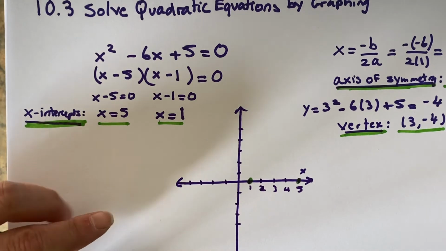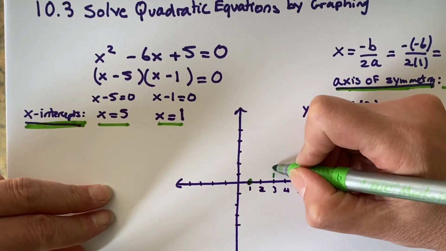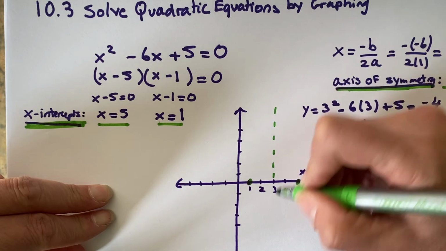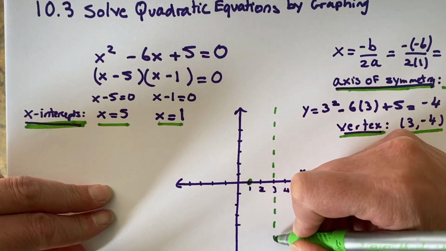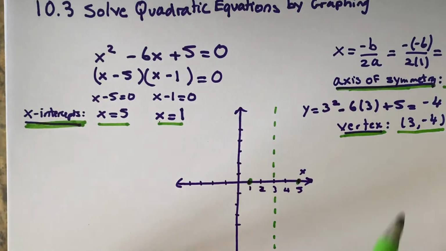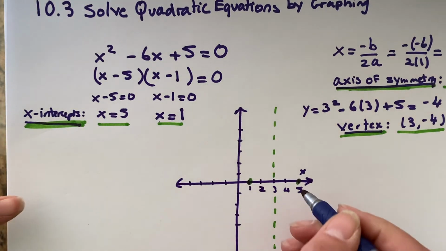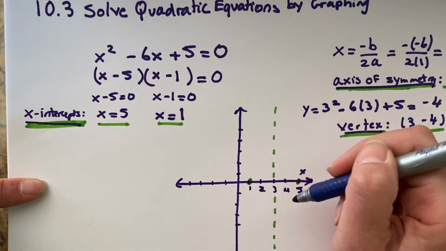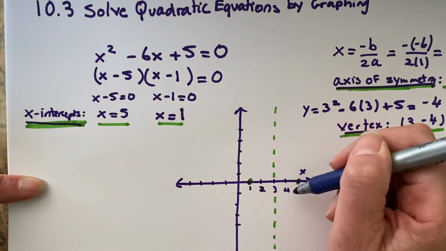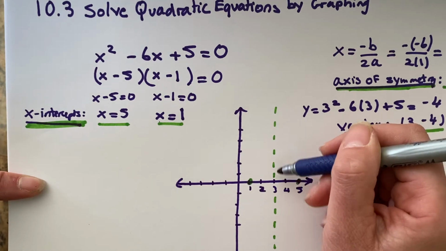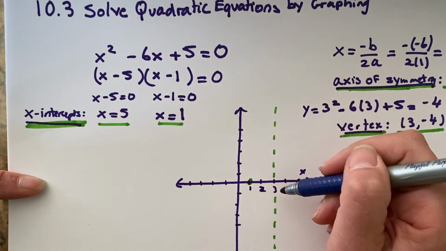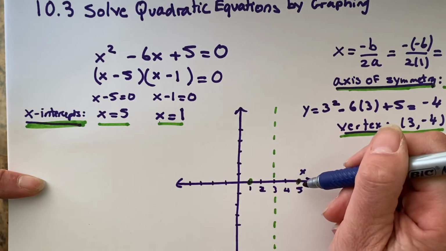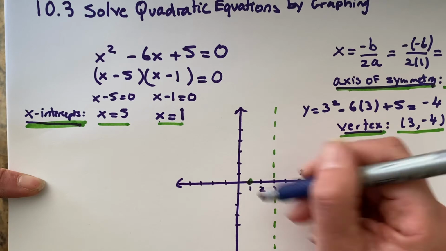And one of the reasons I'm doing it this way is because I want to show you something pretty cool that can give you some shortcuts. Now, I showed you how to find the axis of symmetry here. There's another way to do it. Do you see these intercepts, 5 and 1? Well, you know that a parabola is symmetrical, right? And so the axis of symmetry is always going to be exactly the midpoint between the two intercepts, 5 and 1.